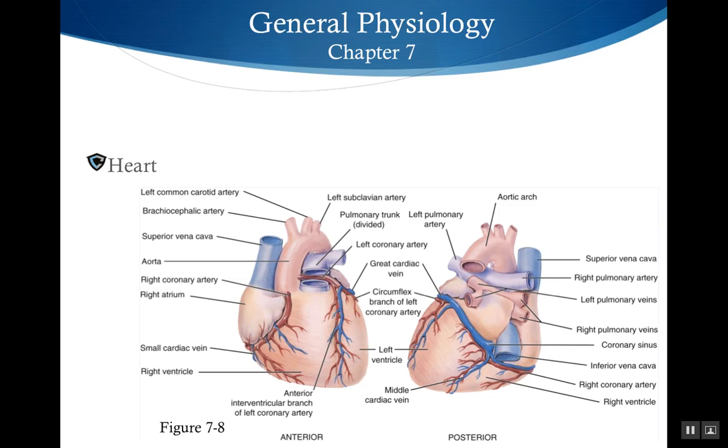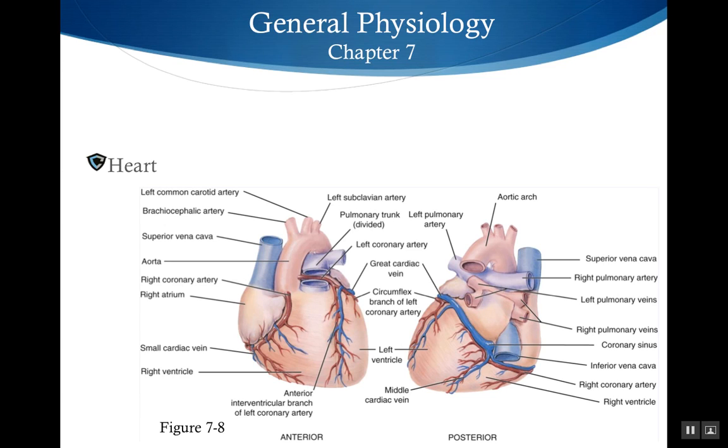The veins, on the other hand, take oxygen-poor blood from the body to the heart so that it can be oxygenated and then recirculated and carried away from the heart by arteries. And the capillaries form a system of microscopic vessels that connect the arteries and the veins.